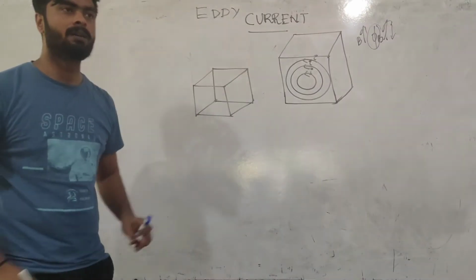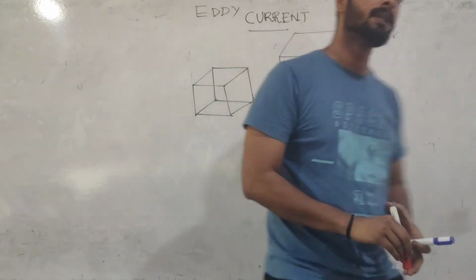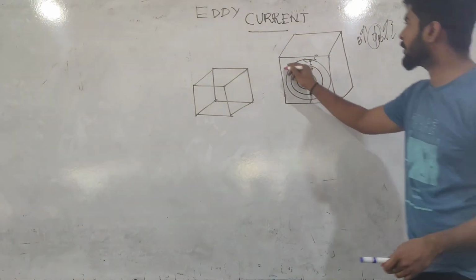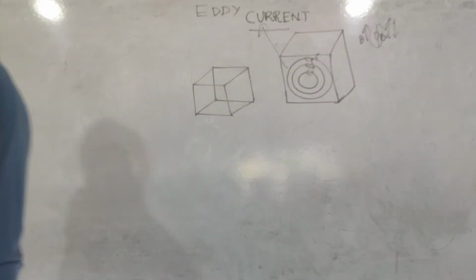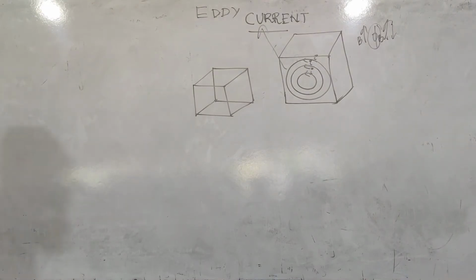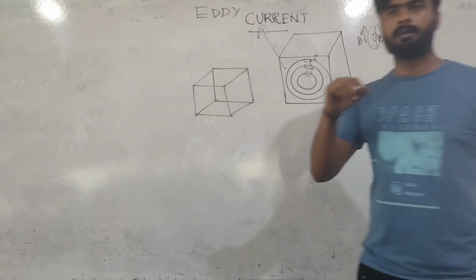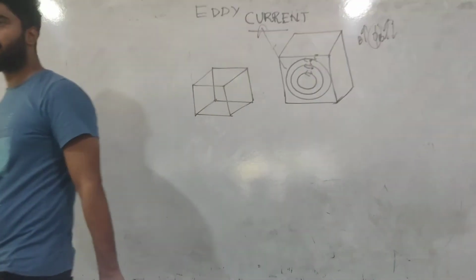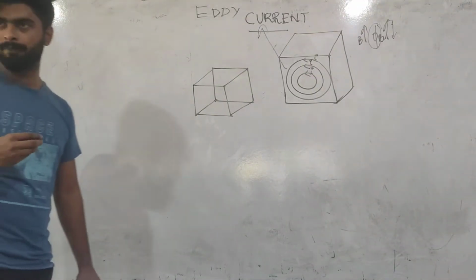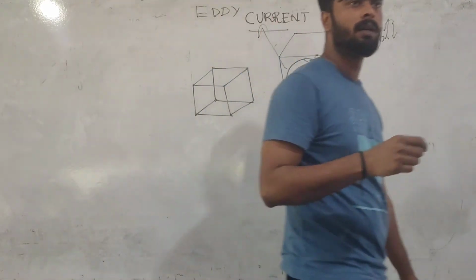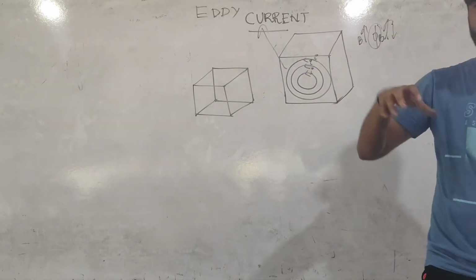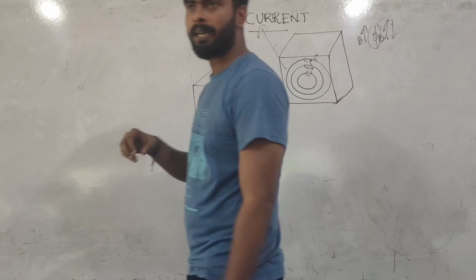And this type of circulating current which is produced in a metallic block is what is called eddy current. Eddy means circular. You might have seen water ripples, which are circular in shape. When you throw a stone into the water, you can see circular ripples, which are called eddy ripples, eddy waves.